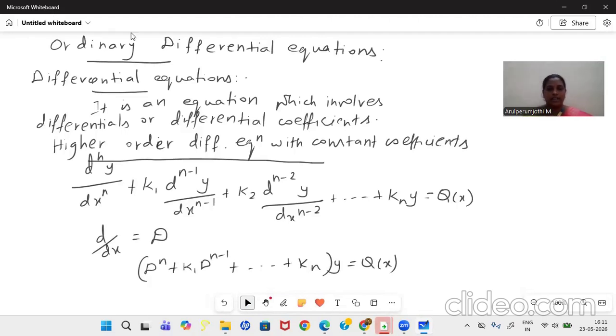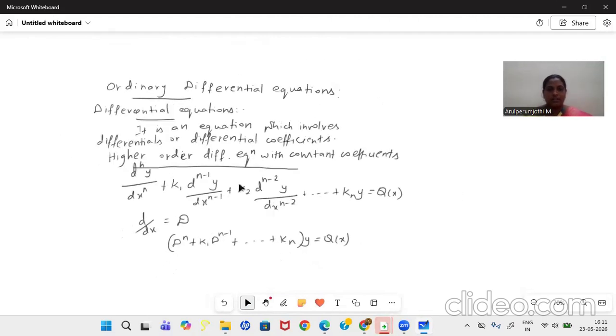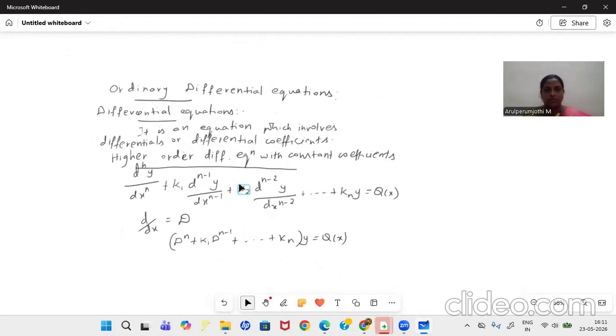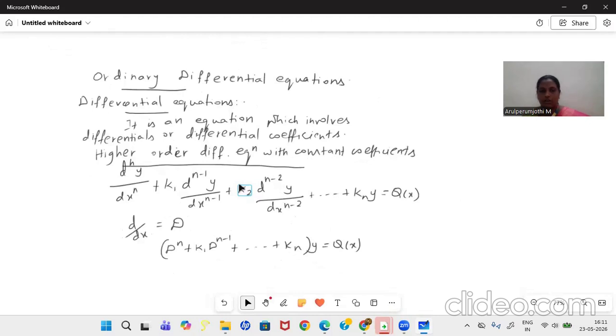Okay, so here k1, k2 till kn are constants.